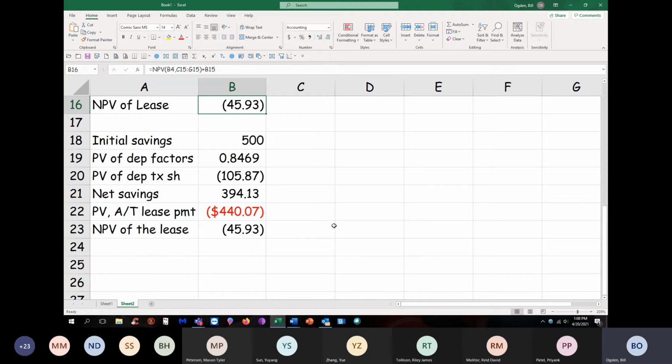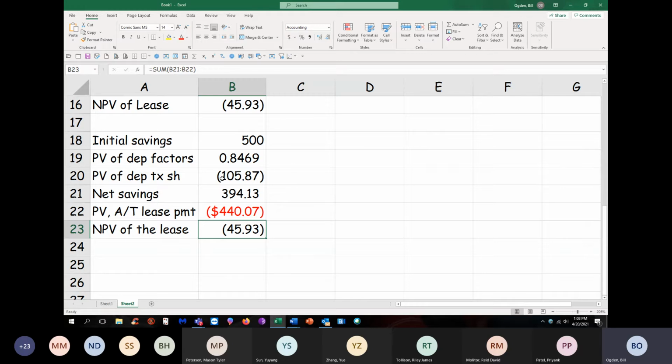All right, but what's nice about this? Why is this 45.93 more desirable than this one? Well, that's because we now are set such that we can readily find the maximum payment this lessee should be willing to make.